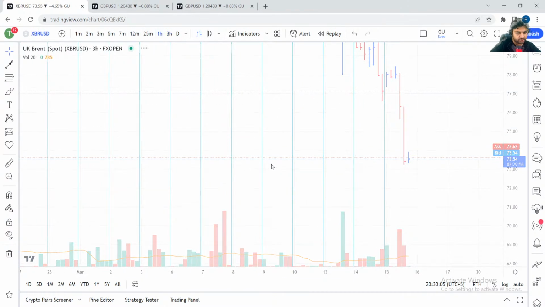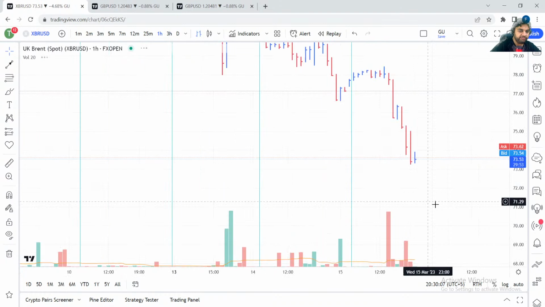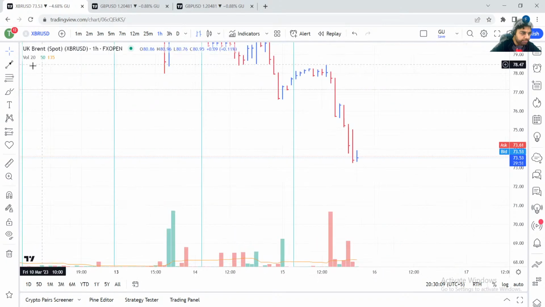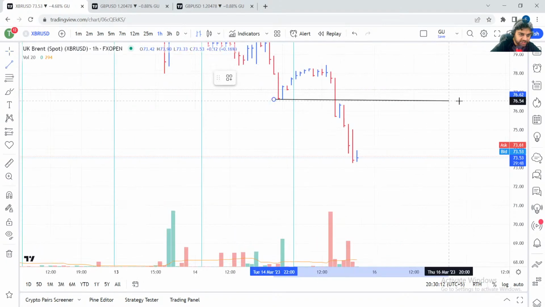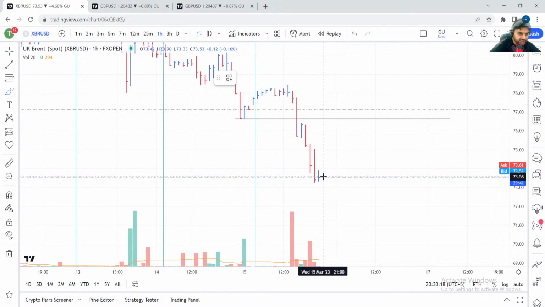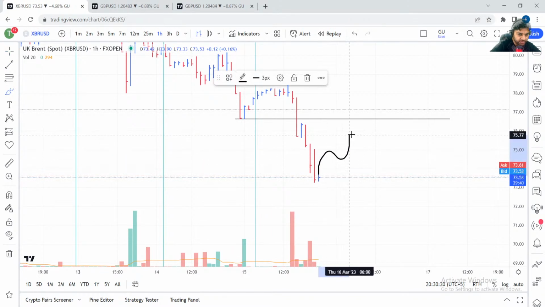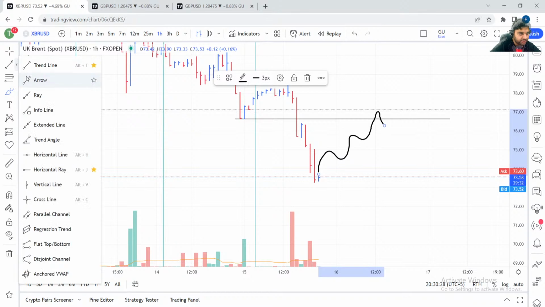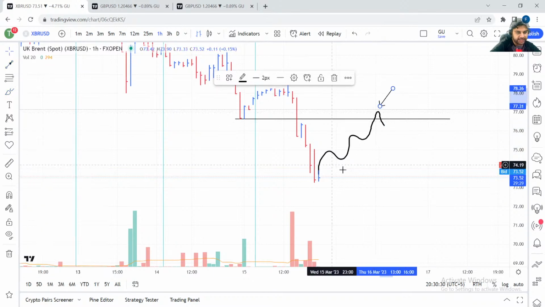So what I will do is I will wait for the market. Maybe if the market comes up to this level and then it shows weakness. So if the market goes up like this and then comes down to make an upthrust, then I will sell here.